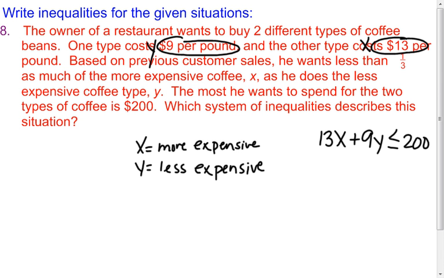I have to read this again. He wants less than 1/3 as much of the more expensive coffee. So the more expensive coffee is X. Has to be less than 1/3 as much as the less expensive coffee. Like that.